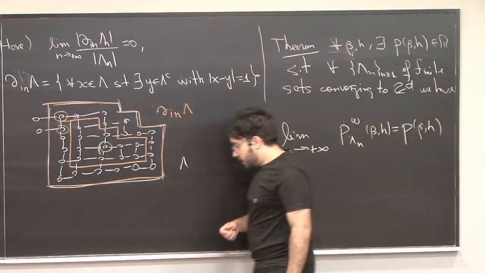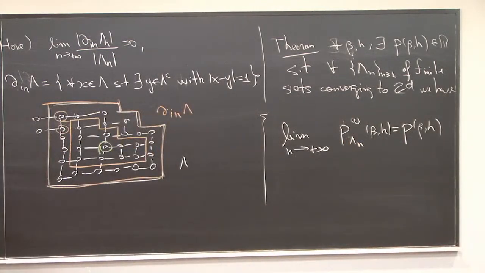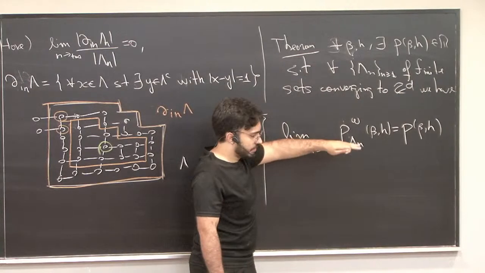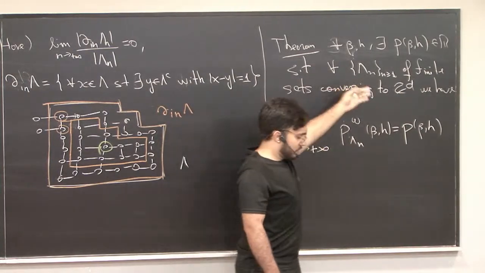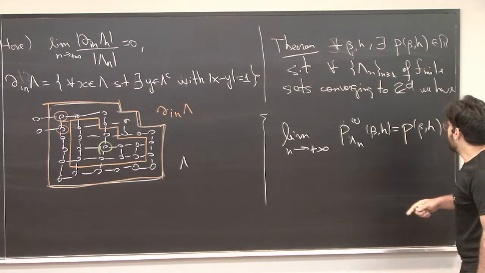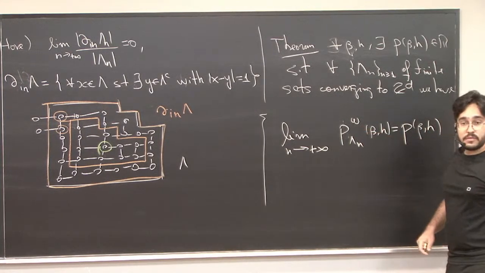And as you can see, the difficulty of this theorem is to show that these limits converge to the same thing for every converging sequence, and after that to show that the limit is independent of the boundary.